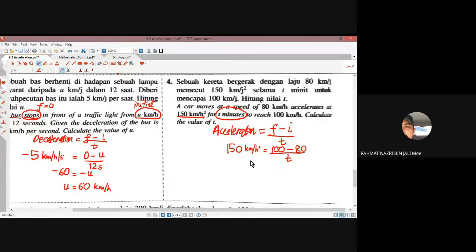Okay, so when we cross multiply, we change the position. T we moving up, and then 150 we moving down, so we get 20 divided by 150. So we get T in the unit hour, 20 divided by 150, 0.13.